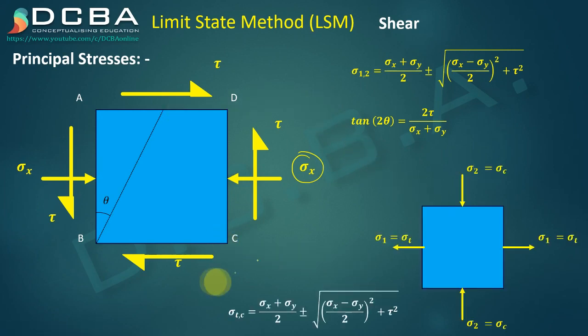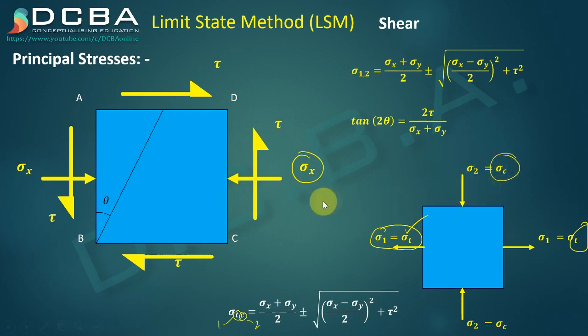So when we solve this, what we see is that for a given principal stress, the major principal stress, that is this 1 and this one 2, the major principal stress is a tensile stress, and the minor principal stress is your compression stress. So here you see this sigma 1 is tensile and sigma 2 is compressive.